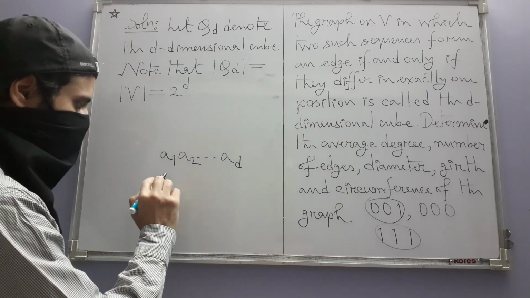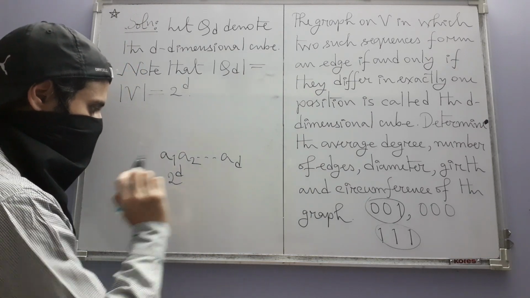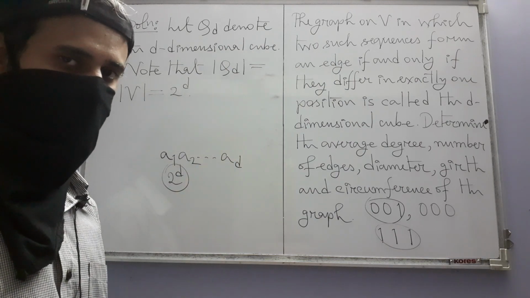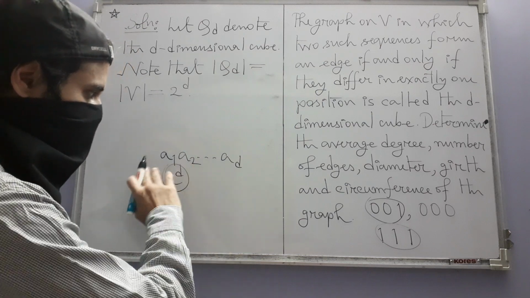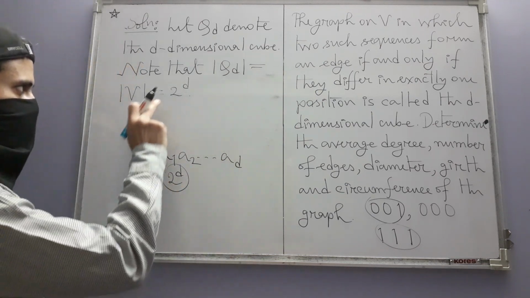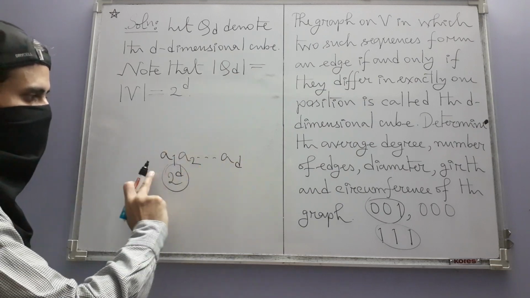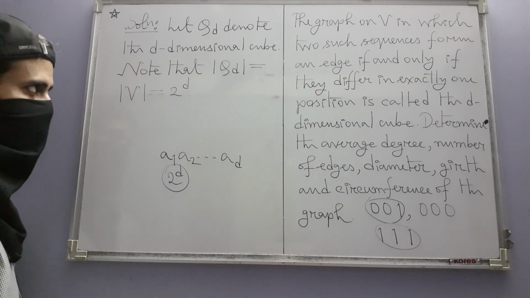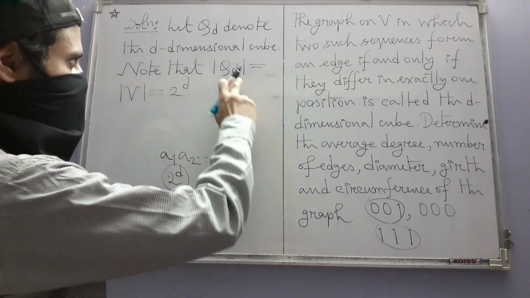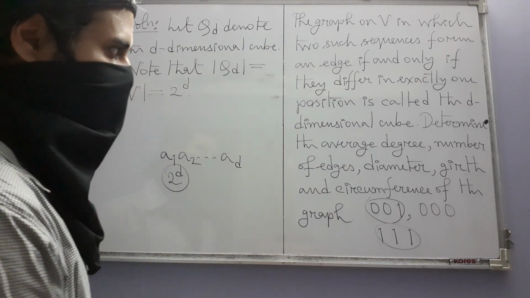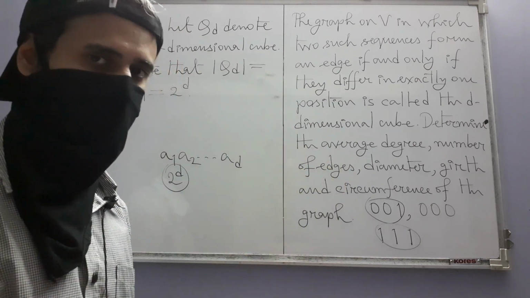So in total there will be 2 to the power d such sequences that can be chosen, in which you can change the zeros and ones in many different ways. So that's why that many sequences will be there in the set V, which is the vertex set of our graph. So the order of the graph is 2 to the power d. We have not been asked to find the order, but it will help us.